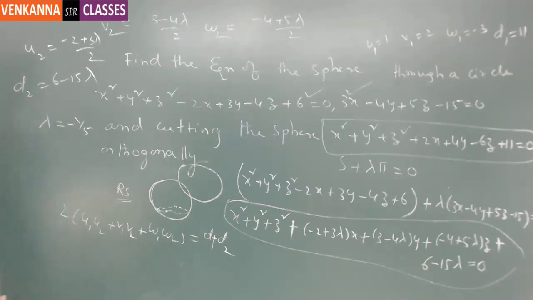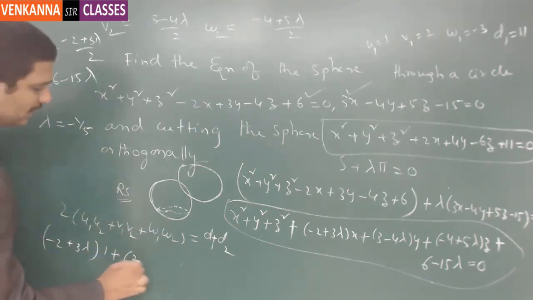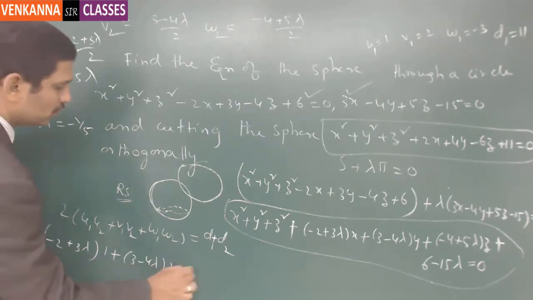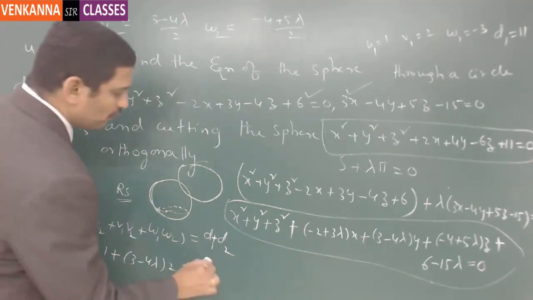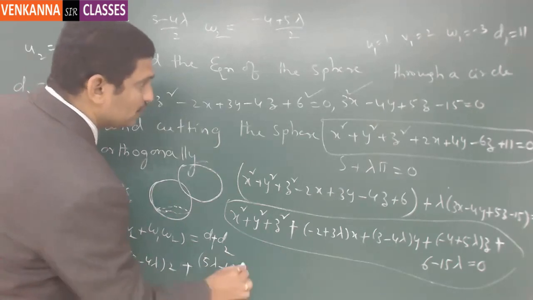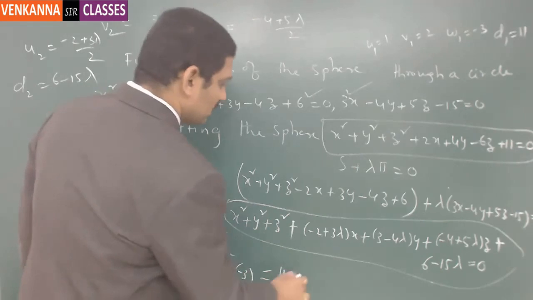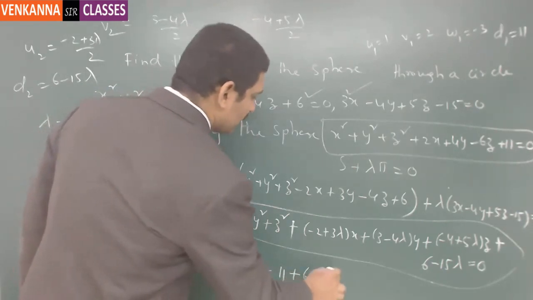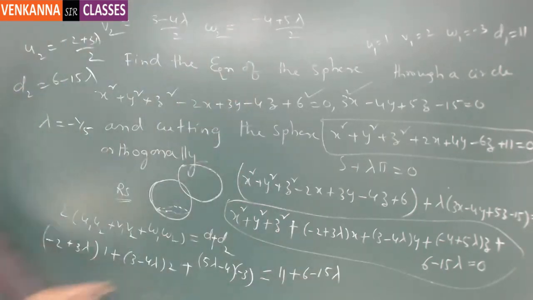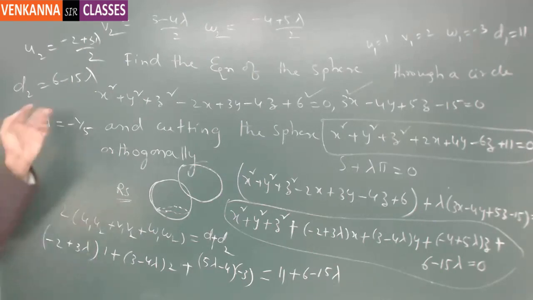It is simply (minus 2 plus 3λ) into 1 plus (3 minus 4λ) into 2 plus (5λ minus 4) into minus 3 is equal to 11 plus 6 minus 15λ. This is the substitution you have to do, which gives, on simplification, λ equal to minus 1 by 5. Please check that.